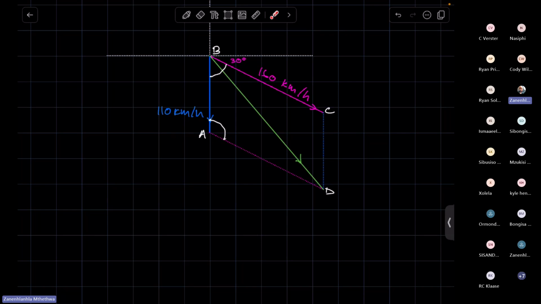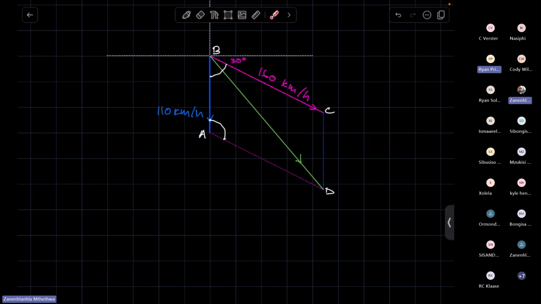Do you guys remember co-interior angles? Co-interior angles sum up to what? 180. Do you see this U here? This is a U. Do we see that? Yes, sir. So it's 120 degrees.